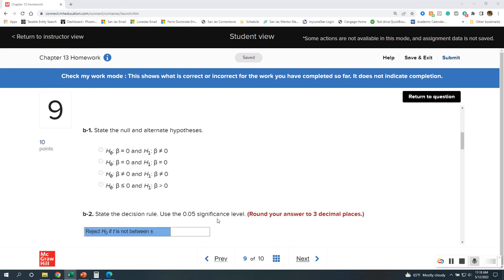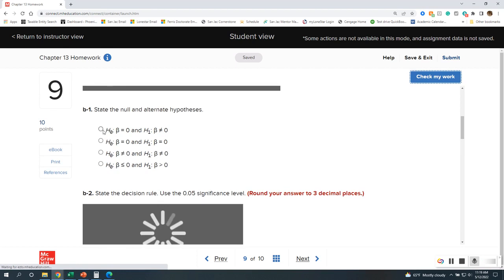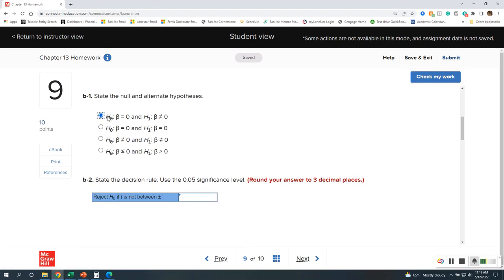All right. State the null and alternative hypothesis. Okay, so this is for our beta. So there's only two possible ways. You can either do equal 0 or less than or equal to 0. Probably going to be doing equal. Usually that's the one that we typically do.